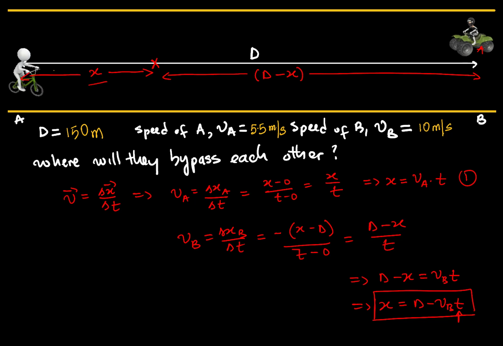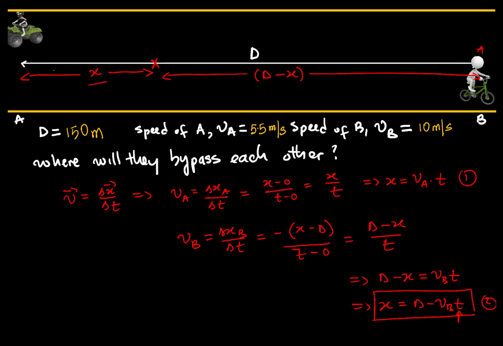This is equation 1, and this is equation 2. So let's write down equation 1 and equation 2. Equation 1, you have x equal to vAt. Equation 2, you have x equal to d minus vBt.